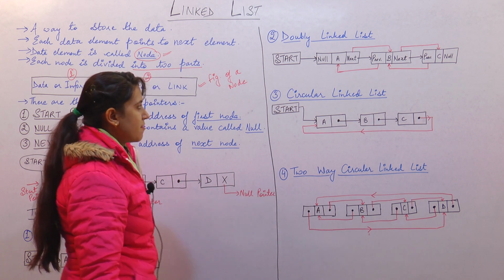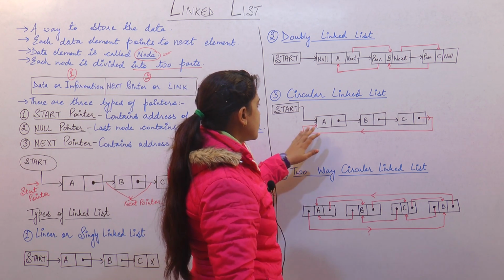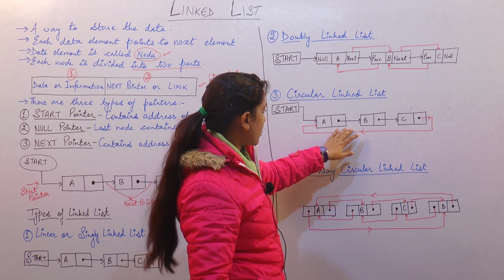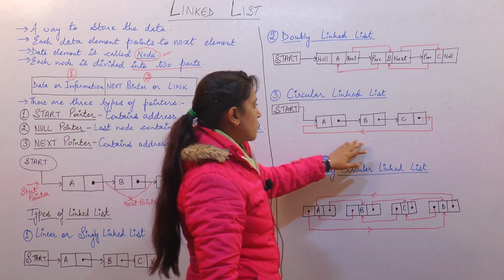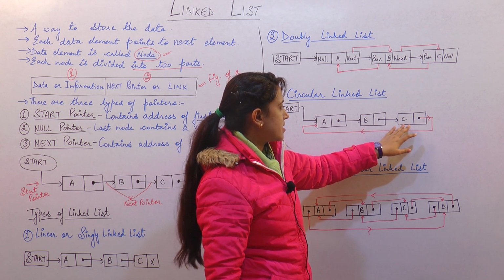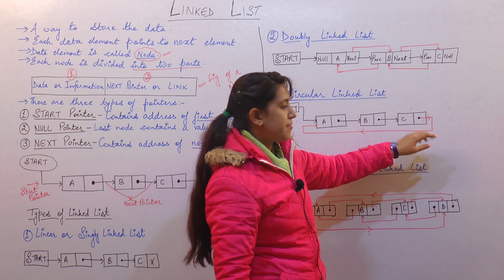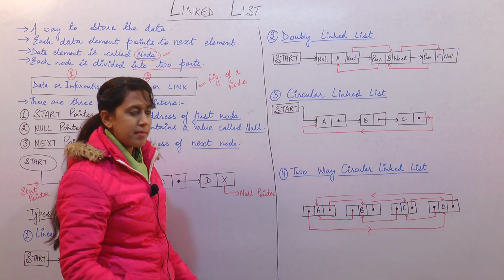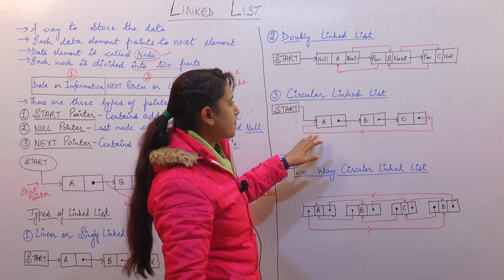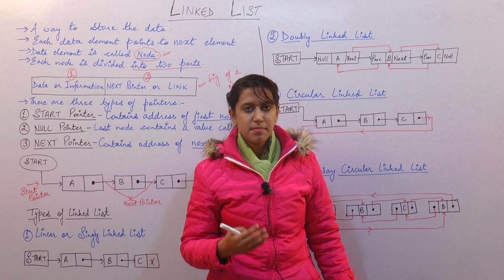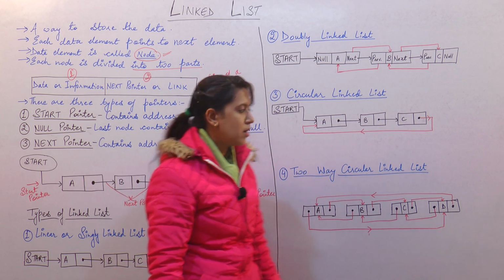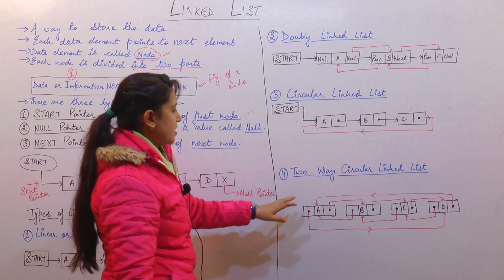In this type of linked list, we are having a linked list in which starting node is A, the next field of node A is pointing towards the node B, then the next field of node B is pointing towards the next node, that is C. Now the next pointer field of node C is pointing back towards the first node A. So it is in circular form, that means A is pointing to B, B is pointing to C, and C is again pointing back to A. So this becomes a loop. That's why we are calling it a circular linked list.